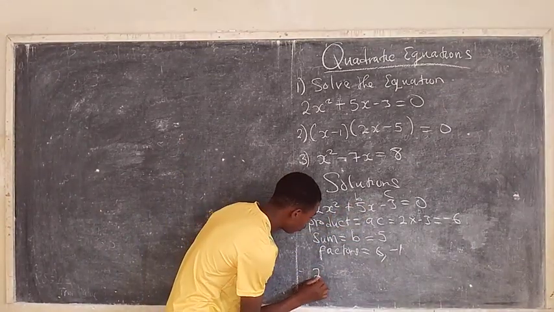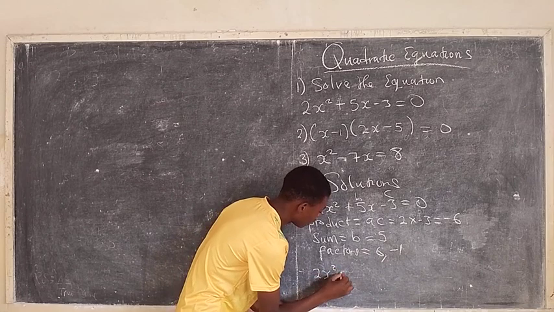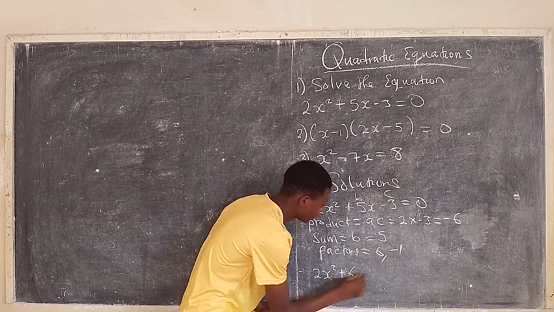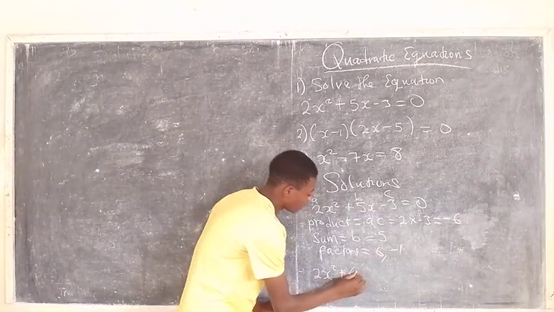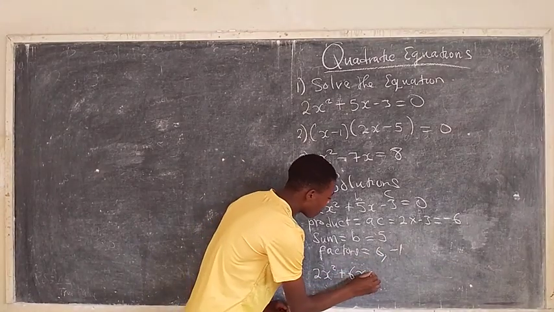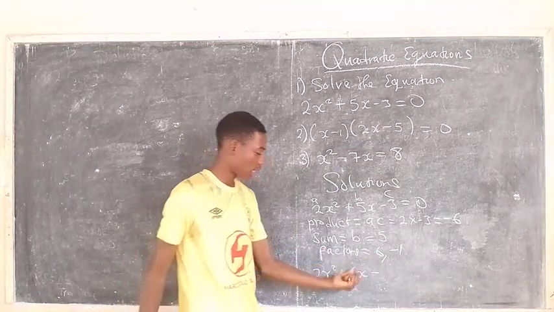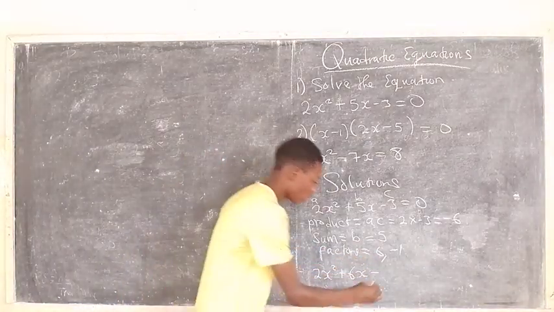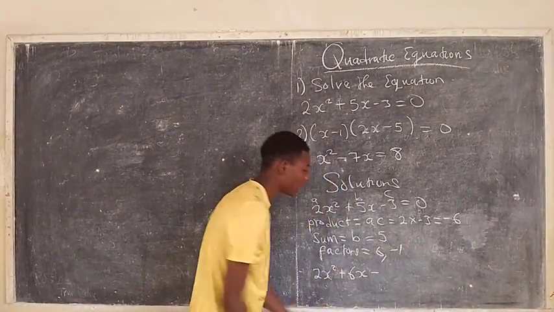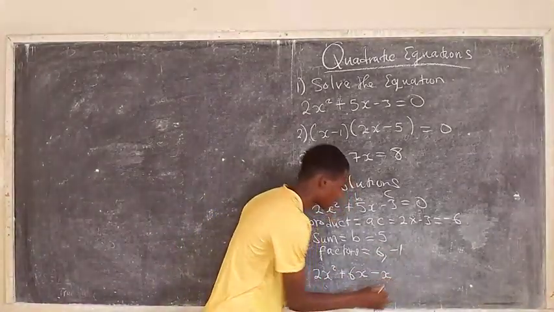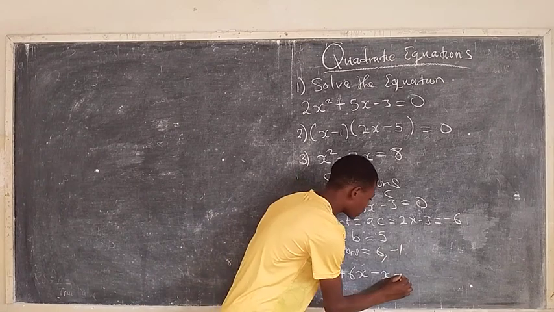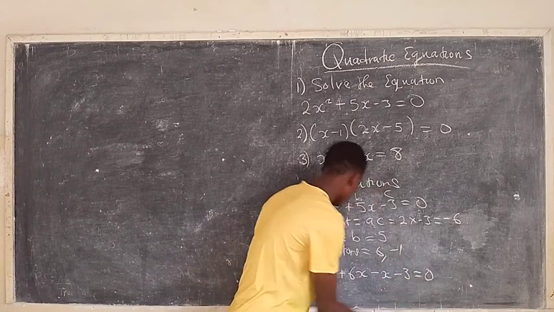So we have 2x squared, then plus 6x, then minus, so we always attach an x so that we don't change the meaning, so minus 1x is the same as just x, then minus 3 should be equal to 0.